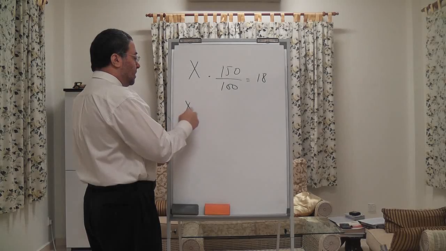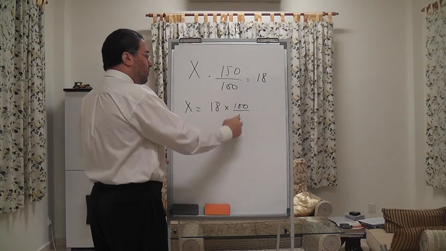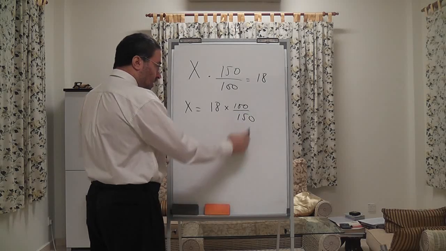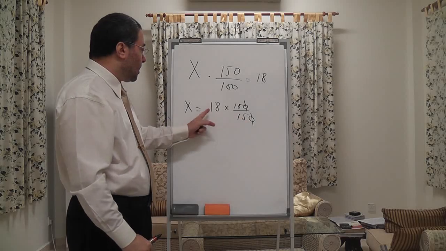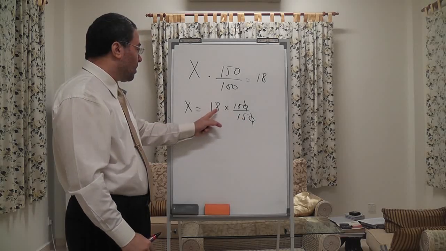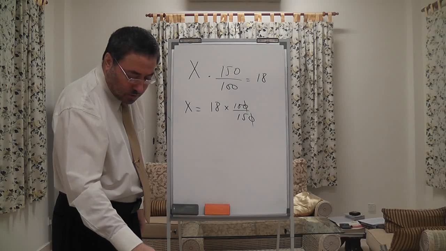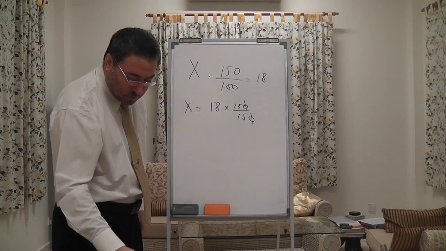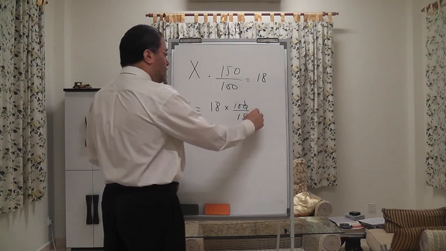So we get x equals 18 times 100 over 150. Here we can cut with the tens, and we multiply 18 times 10 divided by 15. And that's equal to 12.